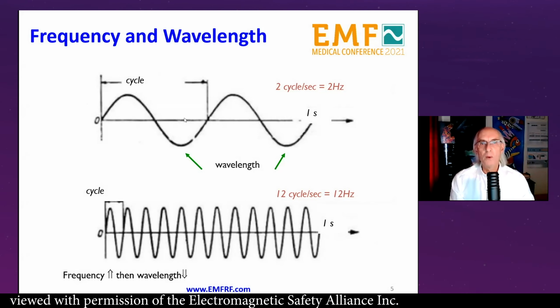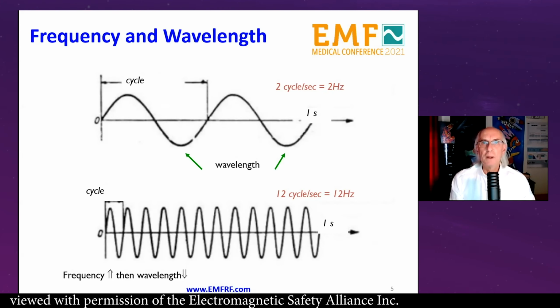That is one wavelength. If this wavelength occurs within 1 second, then we call it a hertz, 1 hertz. If two of these waveforms occur within 1 second, we call it 2 hertz. And if you look below, if we have 12 of these cycles per second, then we call that 12 hertz.